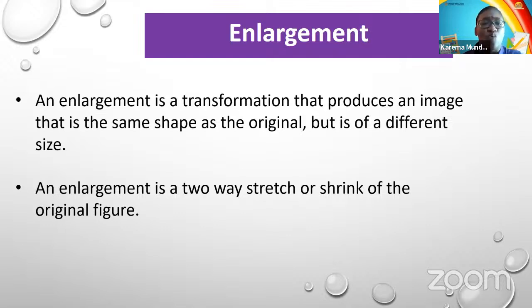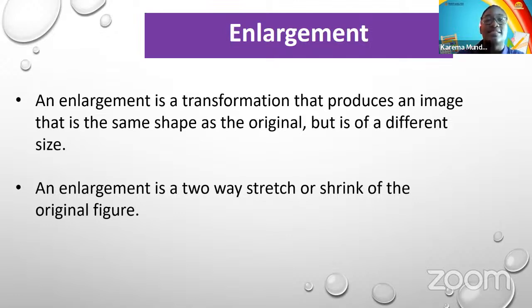And you may be wondering, what do I mean by a two-way stretch? We're saying that the object is being stretched both horizontally and vertically. So it's almost as if you hold it at one corner. Let's imagine with your mind's eye a rectangle, and you're holding it at one corner and you're pulling it diagonally.